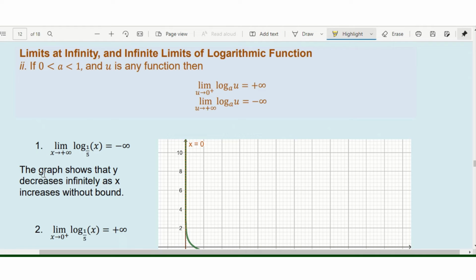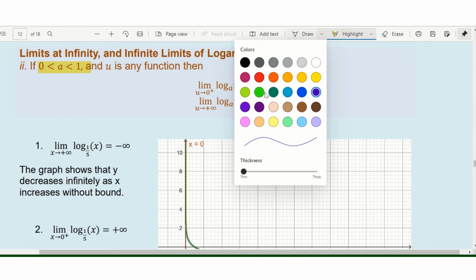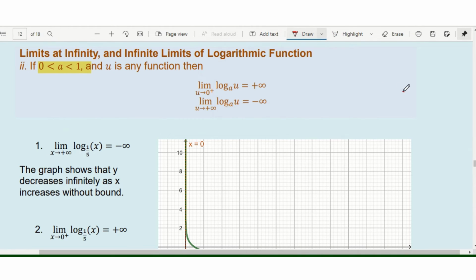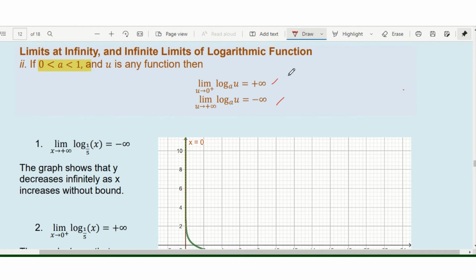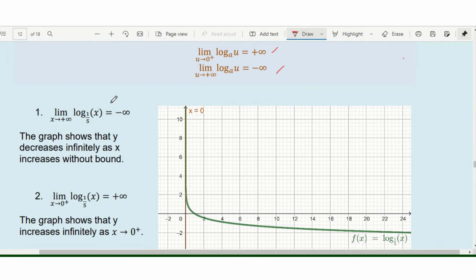So after talking about the base that is greater than 1, now let's talk about the base which is greater than 0 but less than 1. And again, we have these possibilities or the properties. To appreciate these properties, tignan natin yung graph nito in number 1. 1/5 is the base, so meaning to say, pasok siya sa a number that's greater than 0 but less than 1.